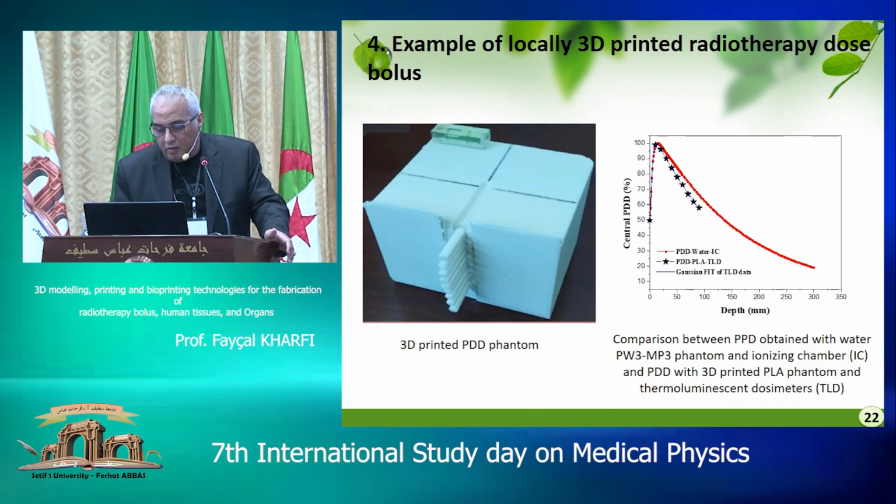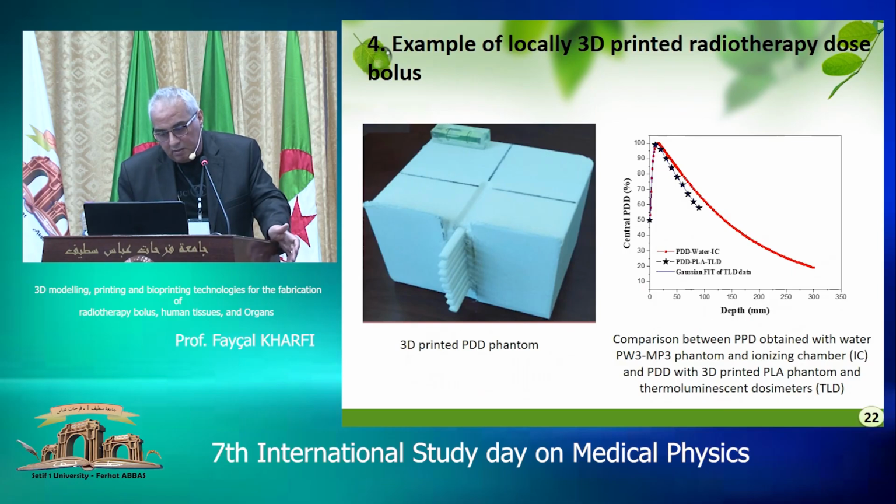Here is the result on this graph. In red, I show you the PDD of water, which is generally taken as a reference for the treatment planning, and the PDD, the dose in depth, of the material that we selected.